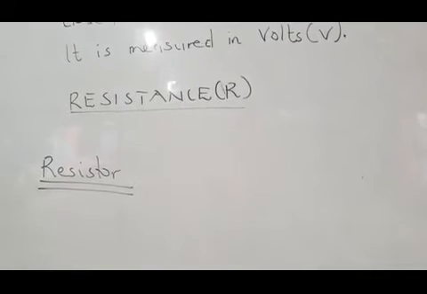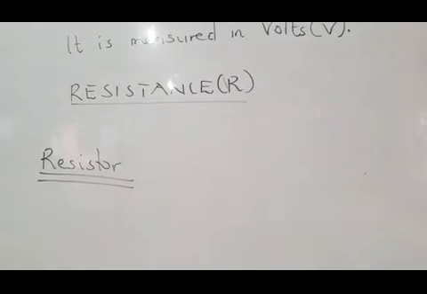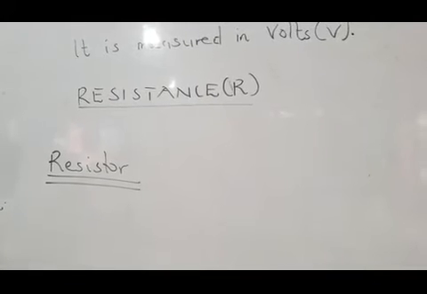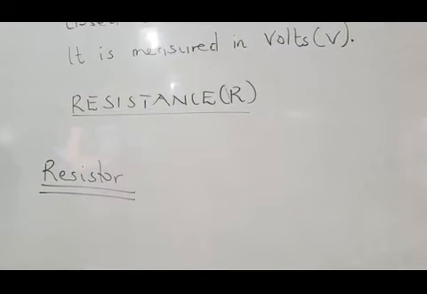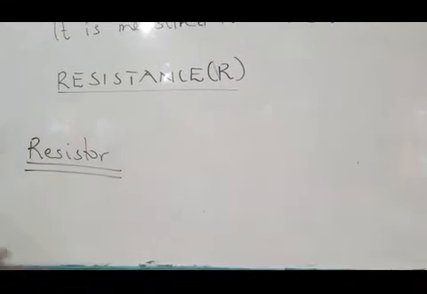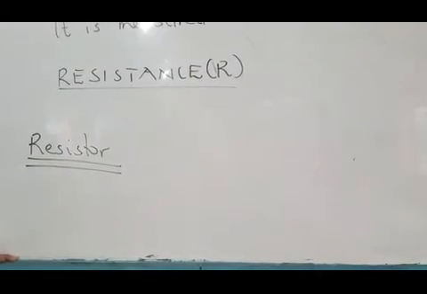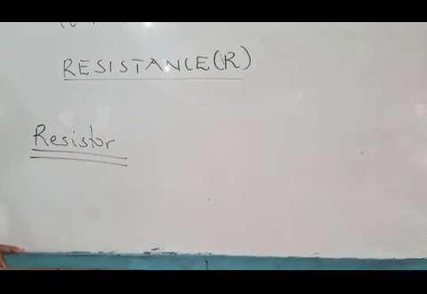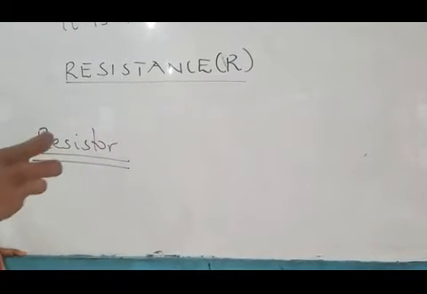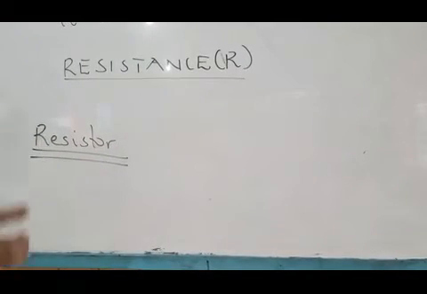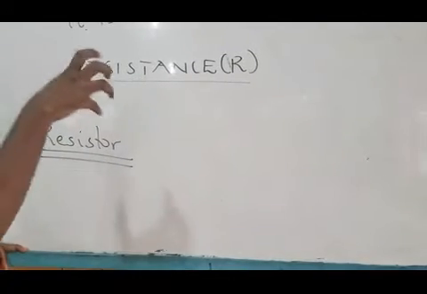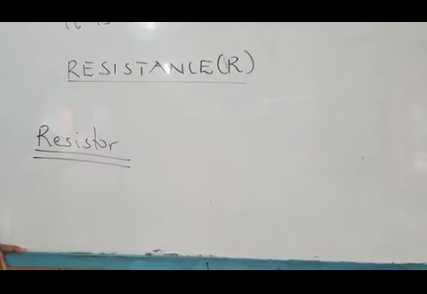So what is resistance? The resistance is the force which opposes the flow of current in a circuit. So when current is flowing through a circuit, there is a force that tries to hinder the flow or the movement of current in the circuit. That force of opposition is what we refer to as resistance.